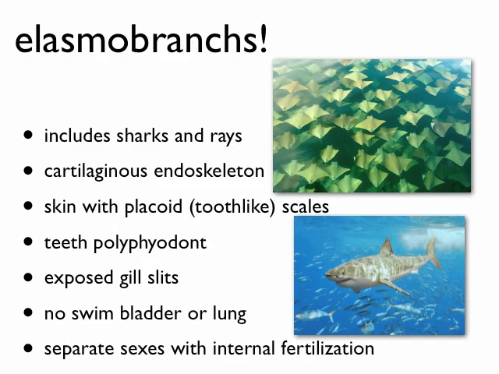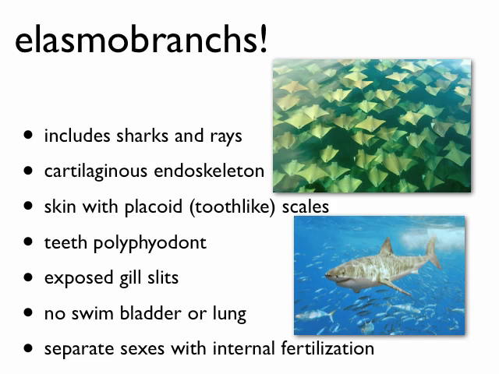The elasmobranchs are a clade within the chondrichthyes that includes the sharks and rays. They have a predominantly cartilaginous endoskeleton, and they have placoid scales that are very tooth-like. I will show you a figure of that from your book in a little bit. They have exposed gill slits, and they lack a gut-derived swim bladder or lung.